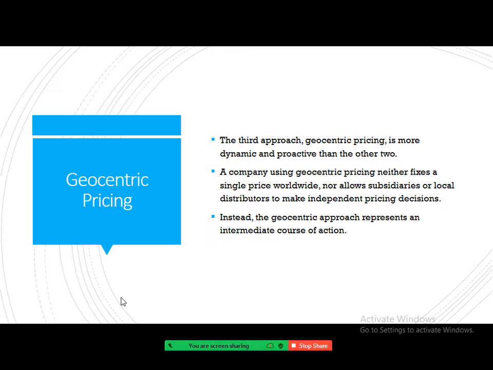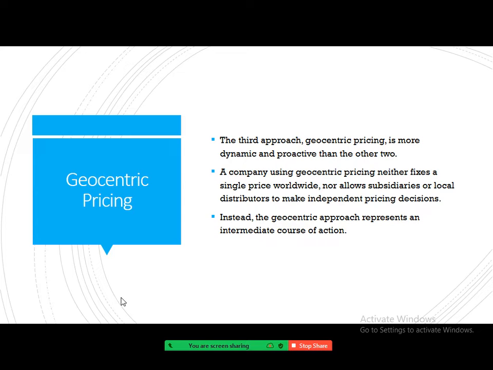The third approach is geocentric pricing. The third approach, geocentric pricing, is more dynamic and proactive than the other two. The company using geocentric pricing neither fixes a single price worldwide nor allows subsidiaries or local distributors to make independent pricing decisions.